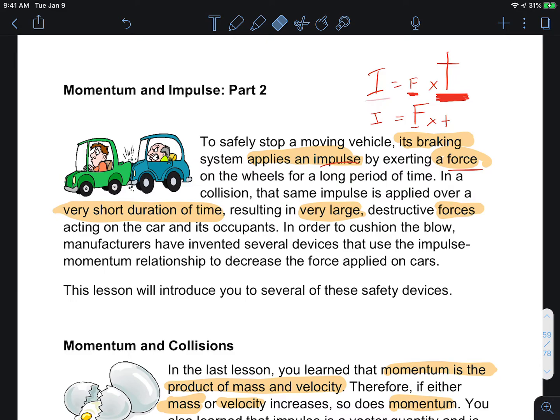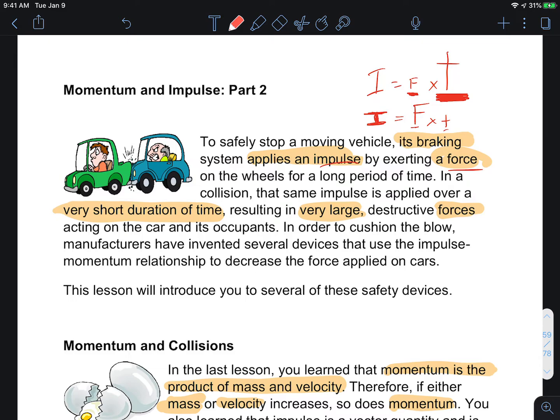Think about it as the impulse is whatever is required to stop this vehicle from moving. If we think of these impulses, the energy necessary to stop a vehicle, these impulses will be the same, but the time that they occur over is different. In a collision, the time is very short.